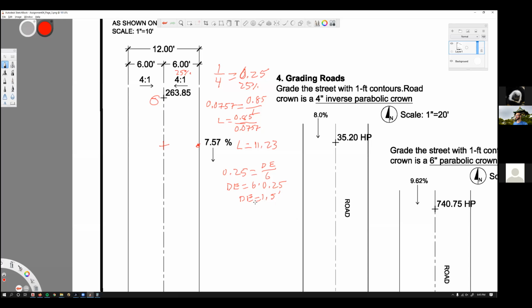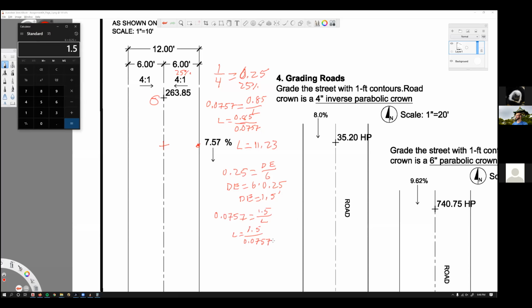So we're going to plug that DE back in to the slope. We have 0.0757 equals that 1.5 that we just got, and our L. L equals 1.5 over 0.0757.